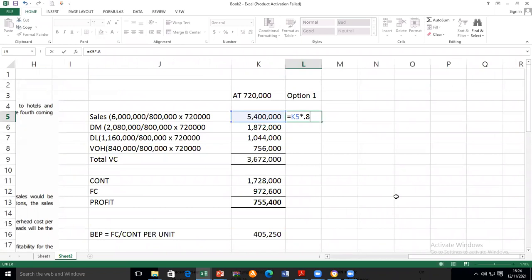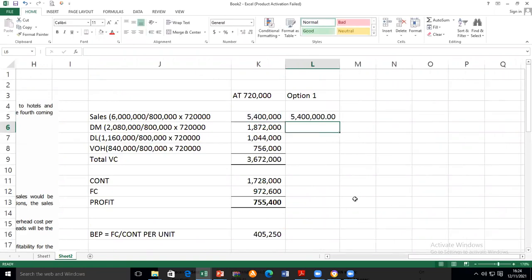Volume increases by 25%. People, have you seen what's happening there? Apparently, the sales have remained the same.